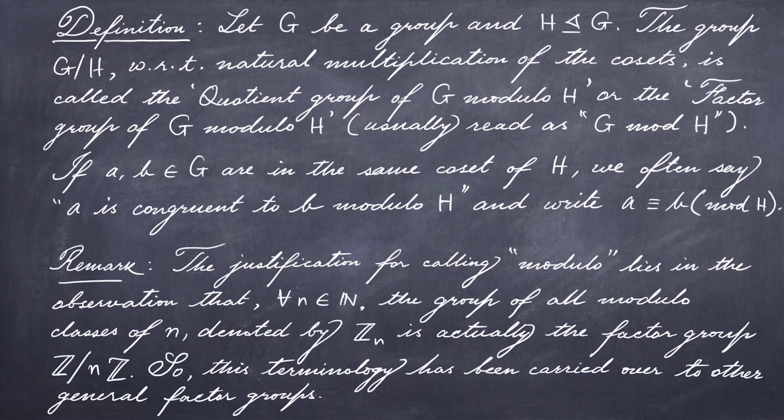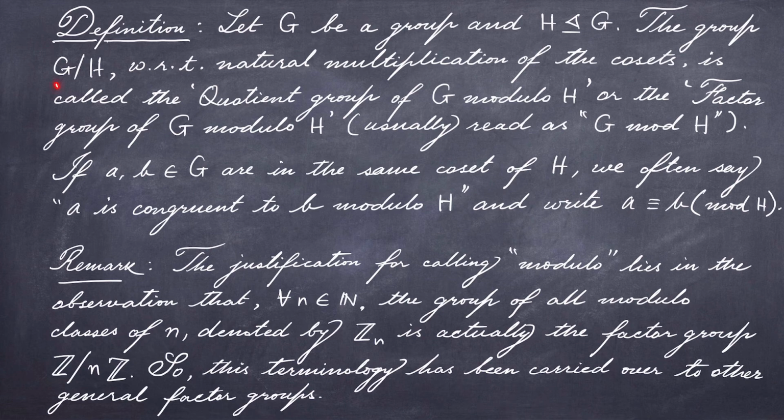Now it's time to give a name to this collection, the set of all left cosets of H in G. When H is normal in G, we have just discussed that this collection becomes a group with respect to natural multiplication of cosets.